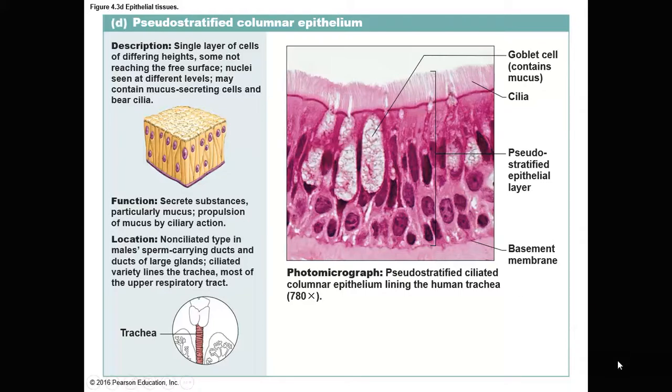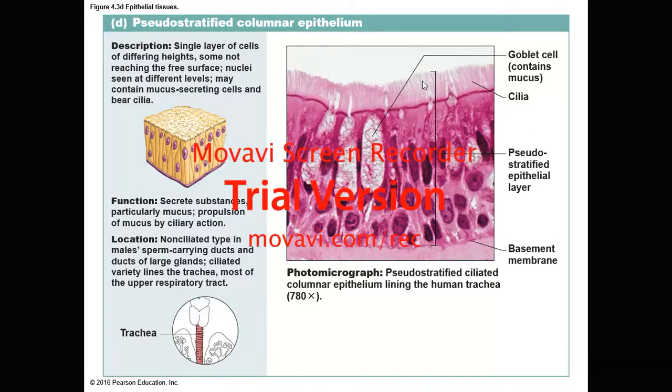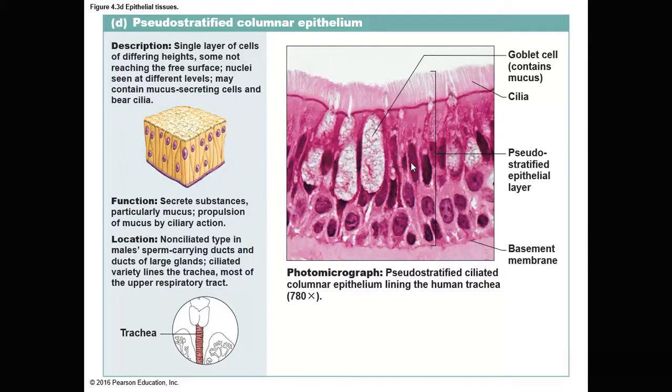Okay. So if you look at the photograph again, you see the cilia, see the goblet cells, and then when you start looking at the nuclei, you see how they vary in height, and then you see the basement membrane, okay, that's the basal surface.